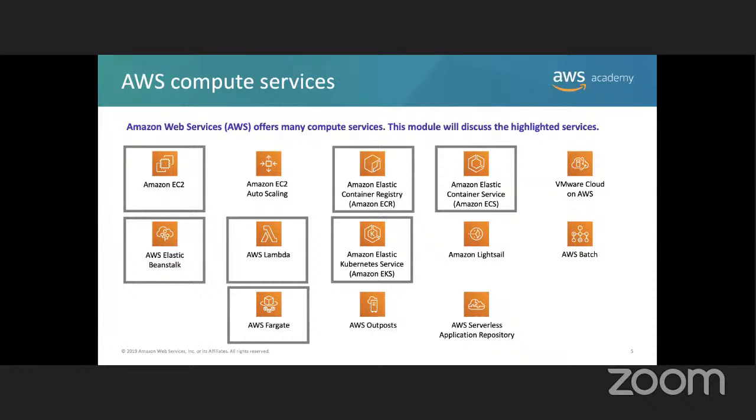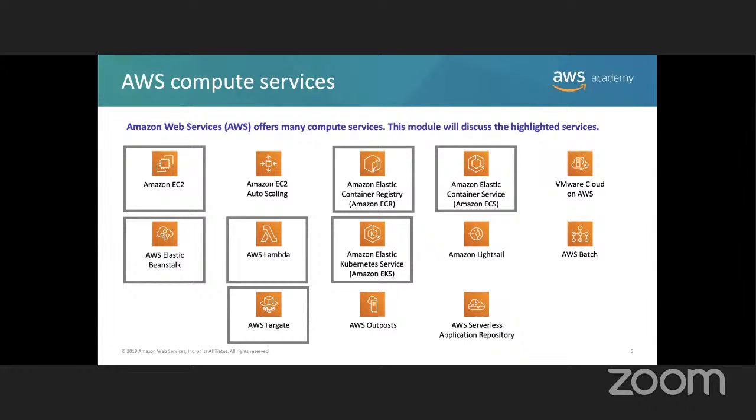VMware Cloud on AWS, we're not going to see that one. Elastic Beanstalk, we're going to see that one. Lambda, yes, we're going to see that one. We're going to talk about Elastic Kubernetes Service, EKS. We might see a little bit about Lightsail, which is a service that is super good for startup business, to jumpstart your business.